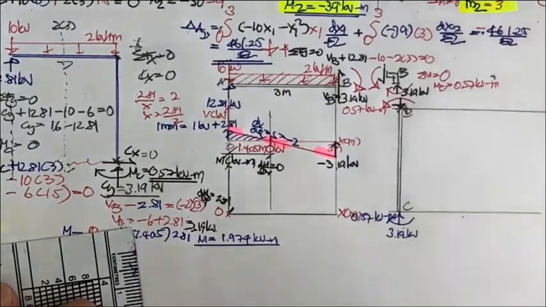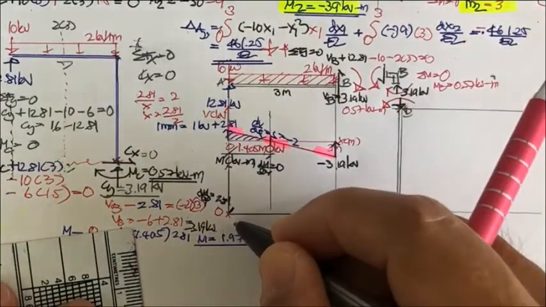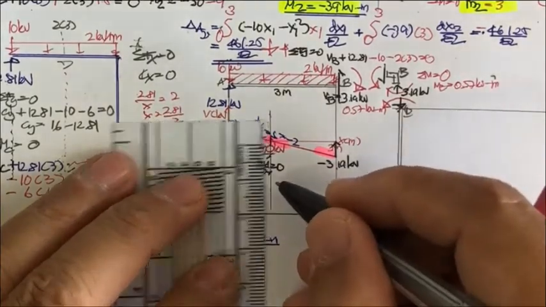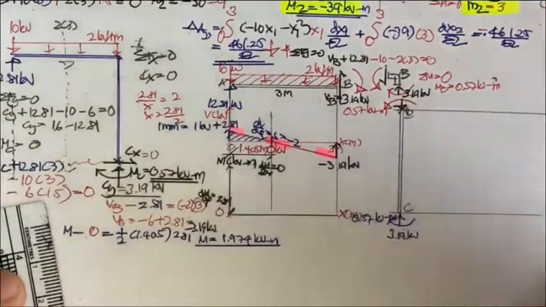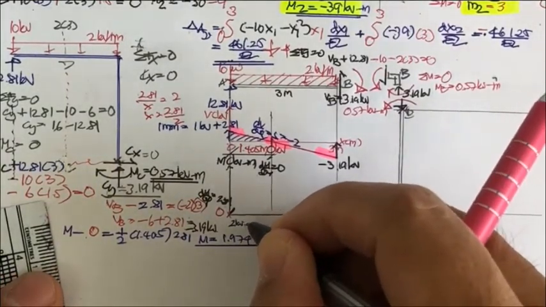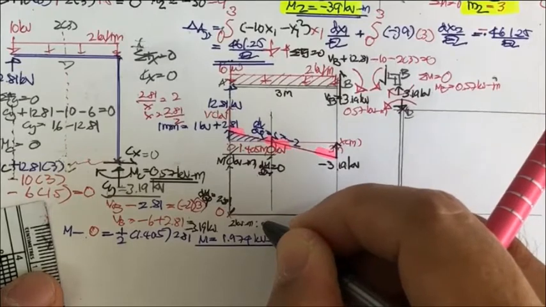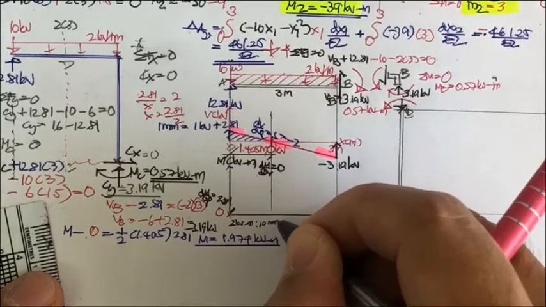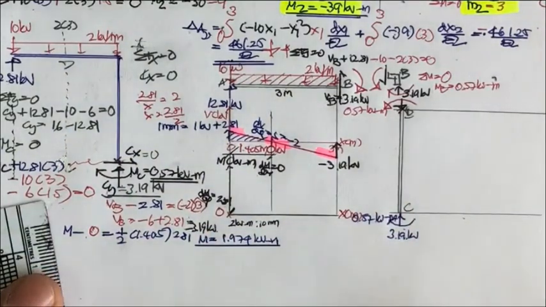Okay, and then you may set like 2 centimeter. You have only 1 centimeter. So this is going to be 2 kilonewton meter per 10 millimeter, something like that.